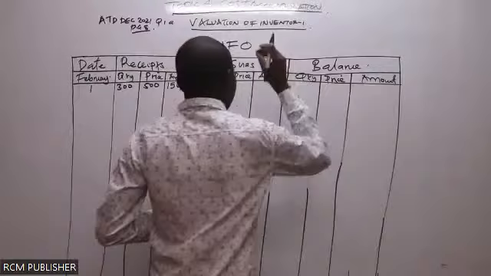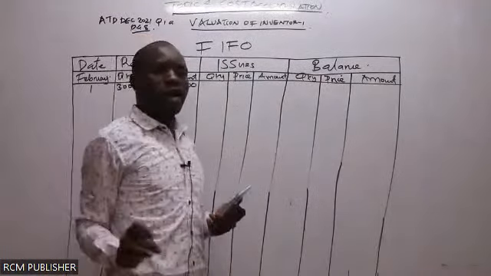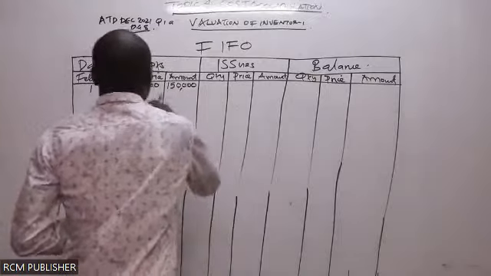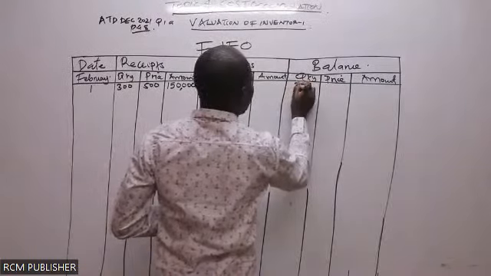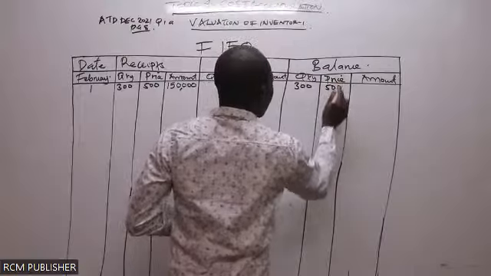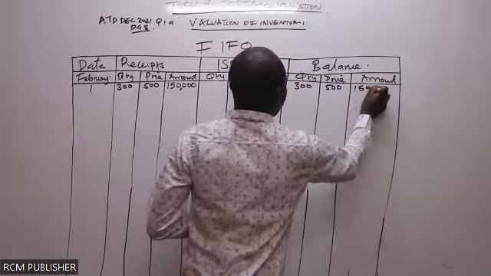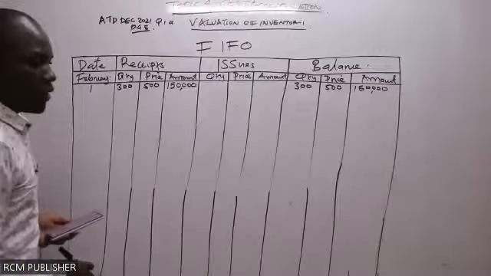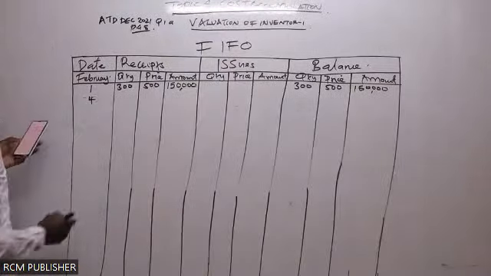Even if there is issuing or receipt of goods on the 1st of February, first of all deal with them one by one. So we complete the transaction of the opening stock, which remains 300 units at 500. The other ones we are not going to indicate prices for, and I will tell you the reason why.